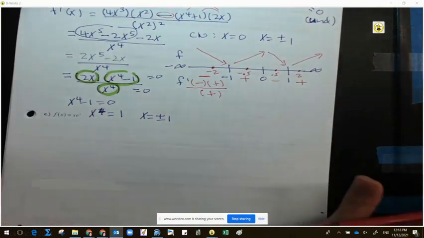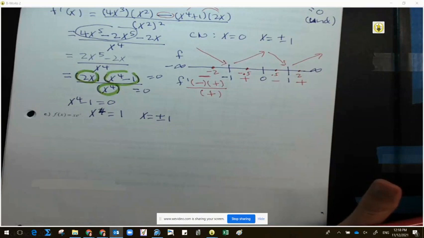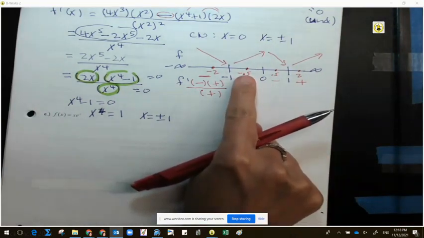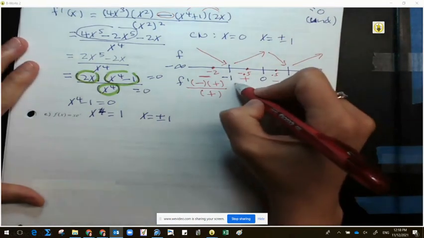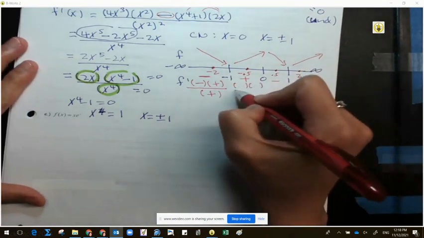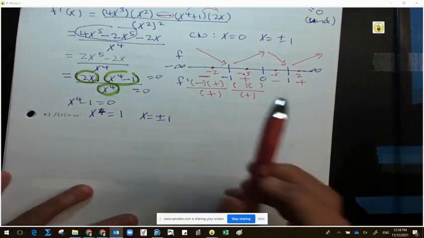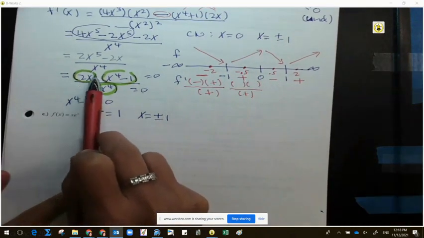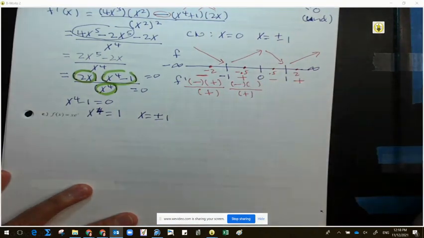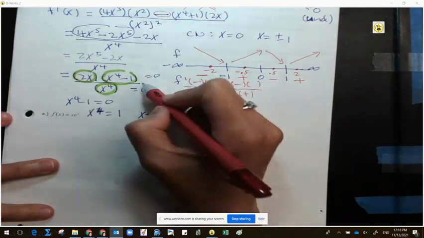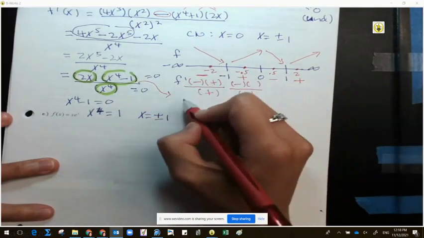I think I want to do one of them to plug in with you guys. How about this number? Do y'all need me to plug in the -0.5 or no? Okay. So on this one, we have something times something over some positive. So we know when I plug in -0.5 into this one, it has to be negative. Is everyone okay with that? For this piece, I'm going to go ahead and rewrite.